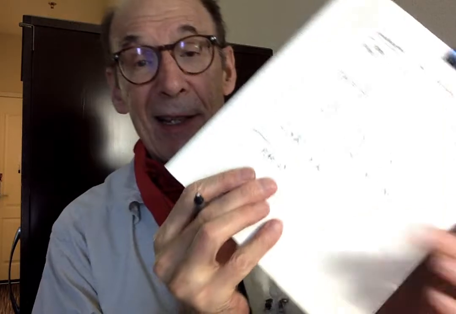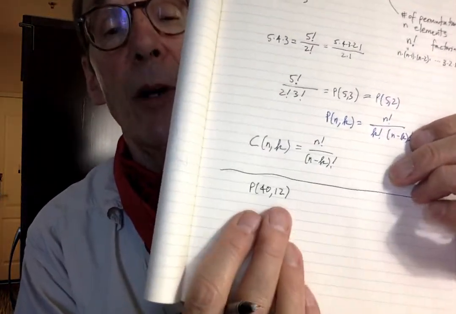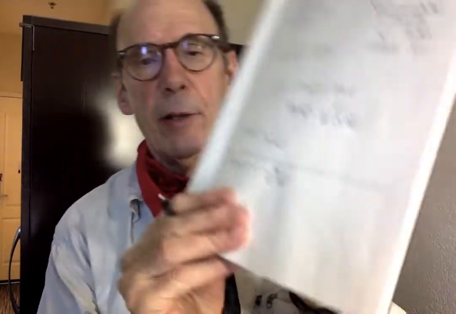So if we have 40 things and we're going to pick 12, that's a thing that could happen in a more complicated system. The formula for that is a fraction. We'll have 40 factorial on top, and then 12 factorial times 28 factorial on the bottom.